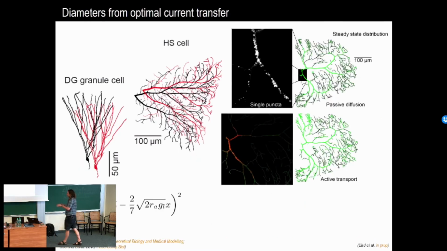Okay. So then I said I put some taper, but this is also a little bit blurry, right? So diameters. What do we do with diameters? Well, what we found was a really good guess for the local diameters was when we generated diameter profiles that optimize the current transfer from the synapse to the root. When you do this, then you try to equalize the impact from distal synapses to make them as similar as the proximal synapses that are typically otherwise stronger.